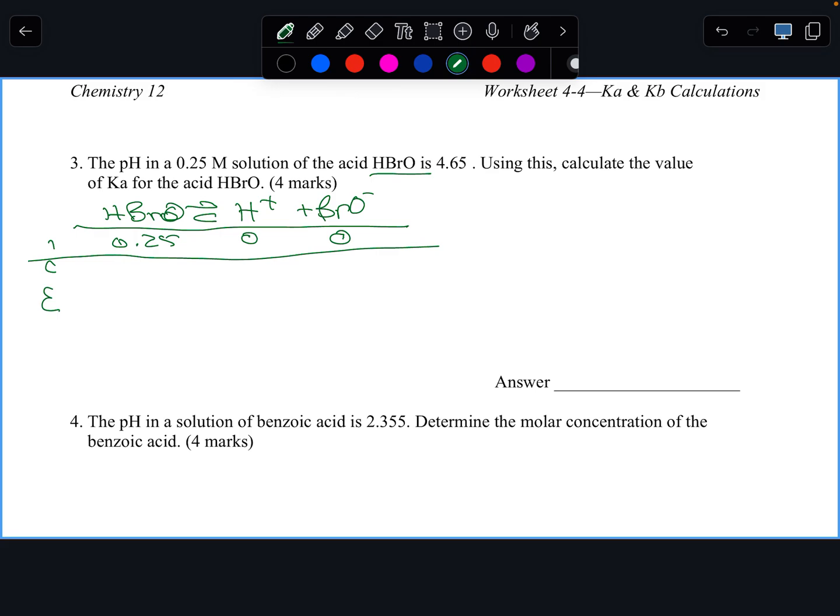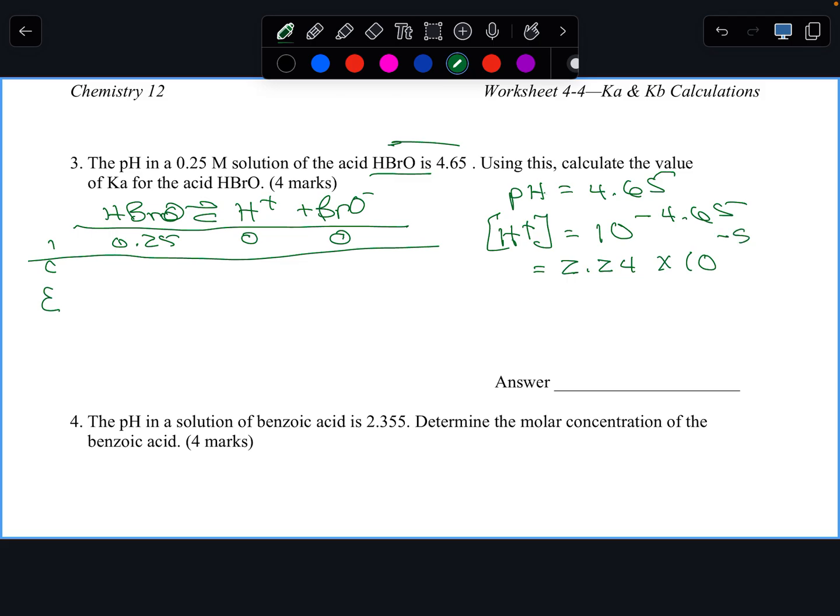Now this is interesting because I'm told that I have a pH, which is 4.65. From that, we can find our H plus concentration by taking 10 to the negative 4.65. That's your anti-log key. So somebody do that for me, and I believe you're going to get 2.24 times 10 to the negative 5th molar.